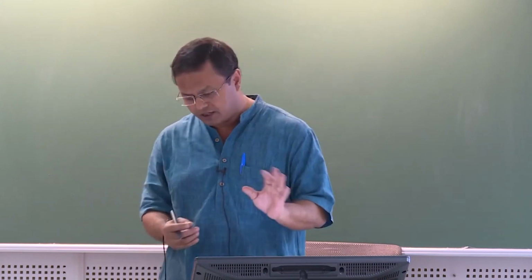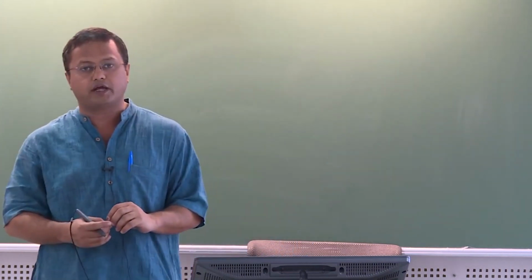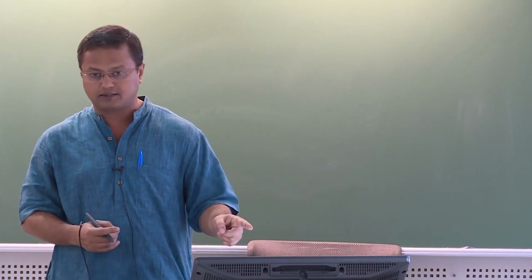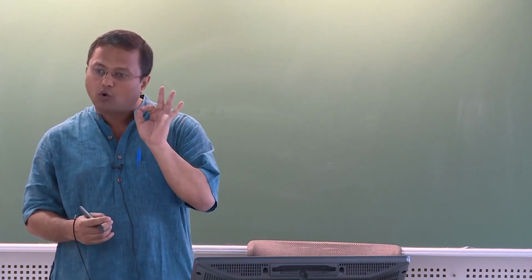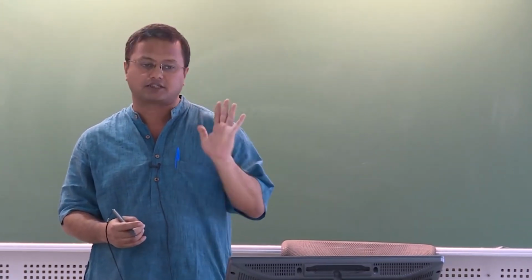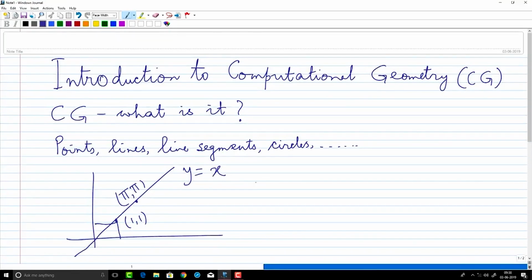So, essentially for most of the talk we would assume that when I talk of points or lines, I will deal only with rational coordinates, finite precision rational coordinates, right. So, that is what we would look at.